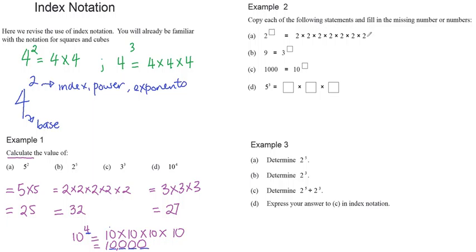Let's double check that. 1, 2, 3, 4, 5, 6, 7. So that clearly means that my exponent was 7.